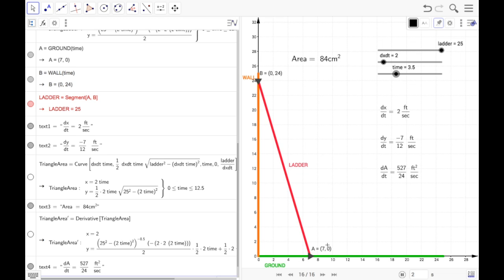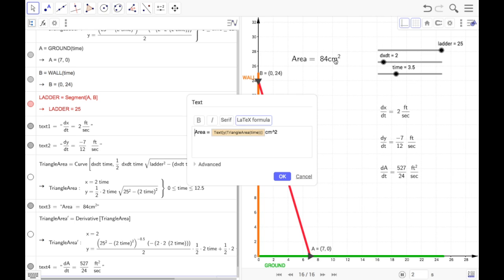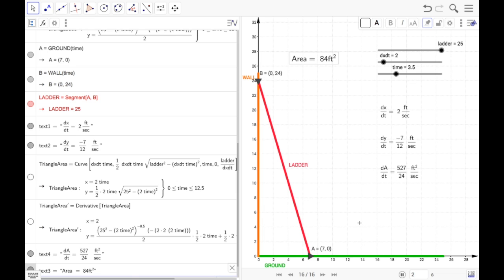And we see we are at 7. The current area is 84 centimeters squared. Whoops, that shouldn't be centimeters. That should actually be feet, because we're dealing in feet in this question. So that's feet squared. And like we said, it's 527 over 4 feet squared per second is how fast the area is changing.